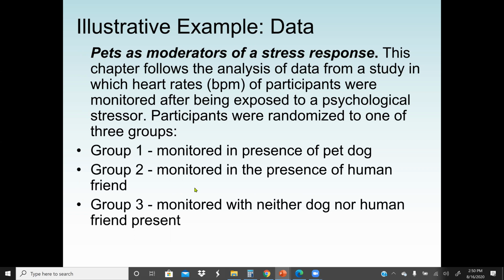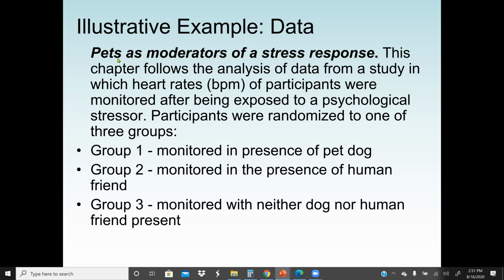The second group, we monitor in the presence of a human friend. The third group, we monitor with neither a dog nor a human friend present. We are going to do a stress test comparison of the three groups, so the best testing method here is the ANOVA.